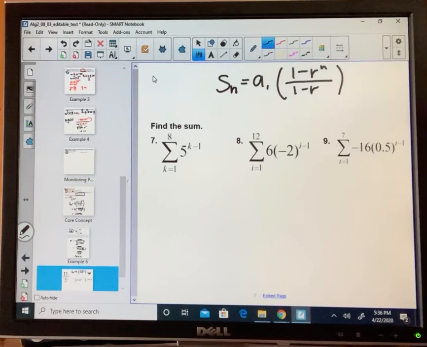Okay, if I plug this in, I get, well, what is A1 here?